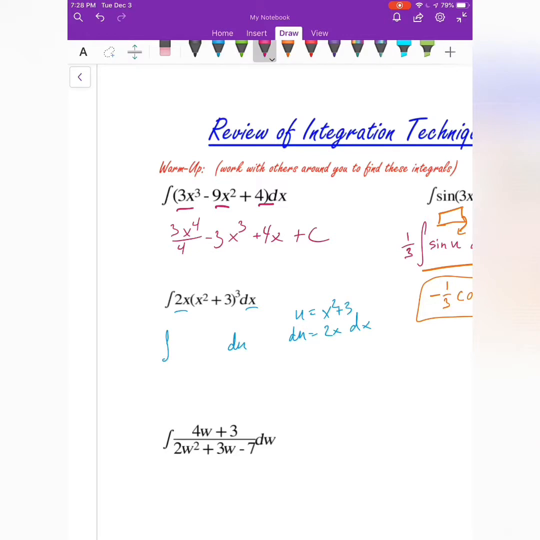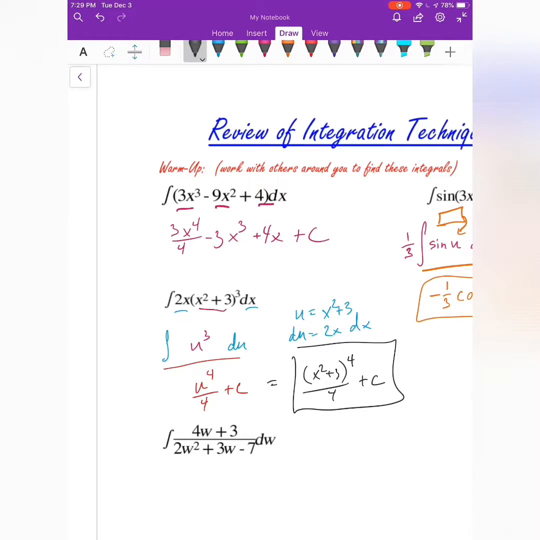And our x squared plus 3 is our u, so we have u cubed, really. What's nice about this is you can integrate this really easily. It's a power rule. So add 1 to the exponent, divide by your new exponent, and plus c. And just to finish that up, you need to plug your u back in. So x squared plus 3 all to the 4th over 4 plus c.